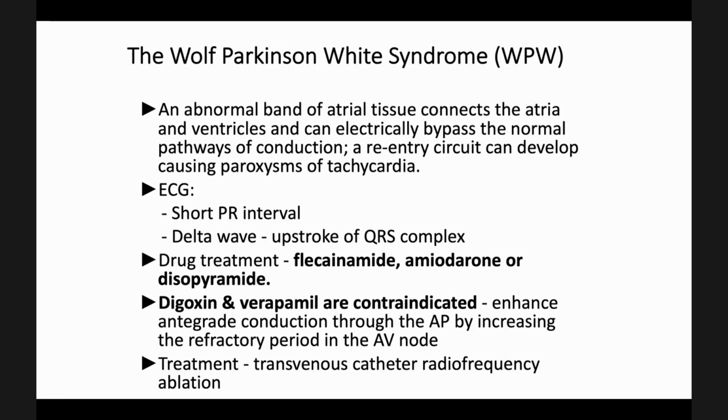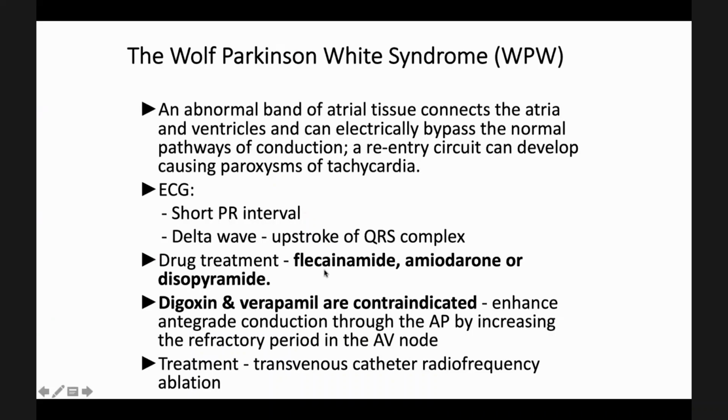Okay, in that situation you have to be very careful because of certain medications that you can give. Digoxin and verapamil are drugs that we give for atrial fibrillation. If you use these medications, these patients can go into ventricular tachycardia, remember. So in WPW syndrome, these drugs are contraindicated.